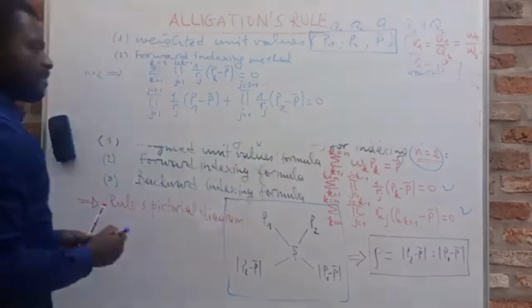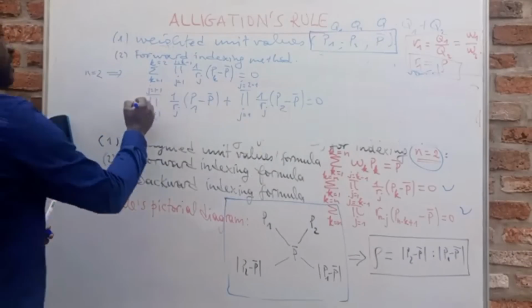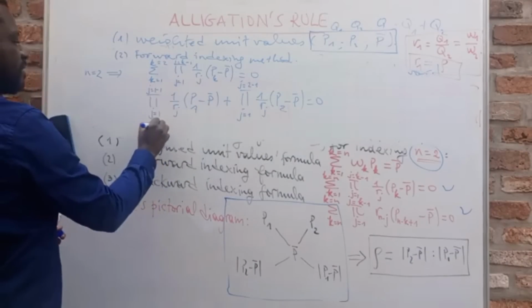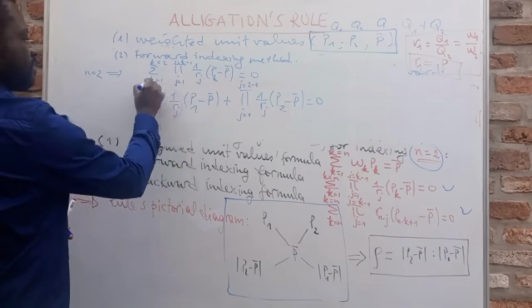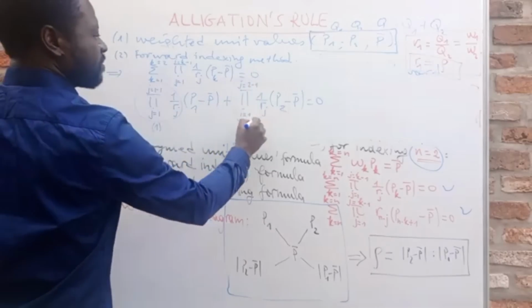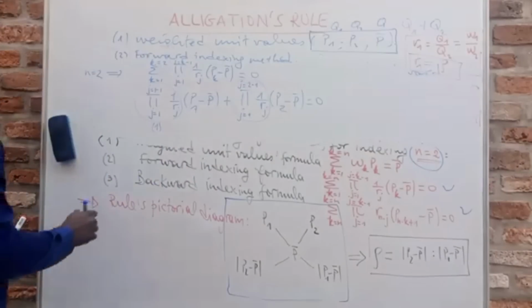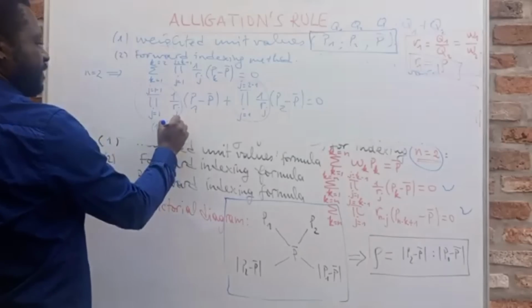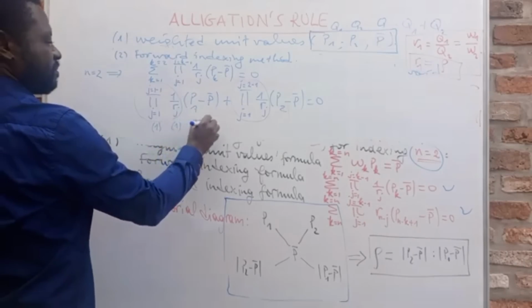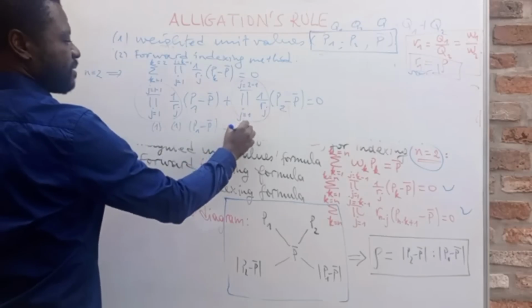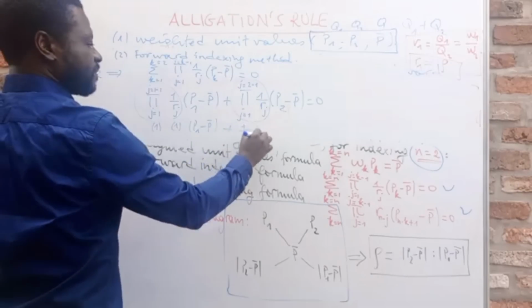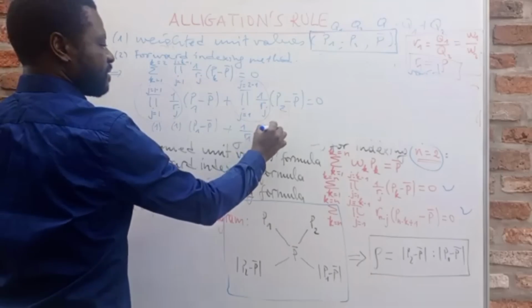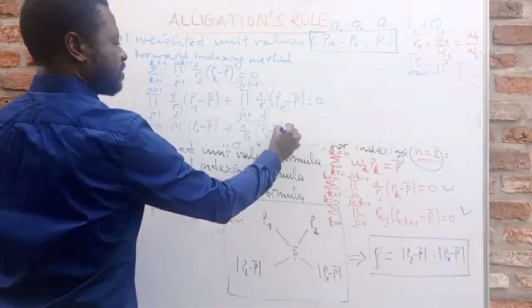So this must be equal to 0. Now the first product is of course equal to 1. This one is equal to the reciprocal of R sub 1. So 1 times (P sub 1 minus P bar) plus the reciprocal of R sub 1 times (P sub 2 minus P bar) equal to 0.